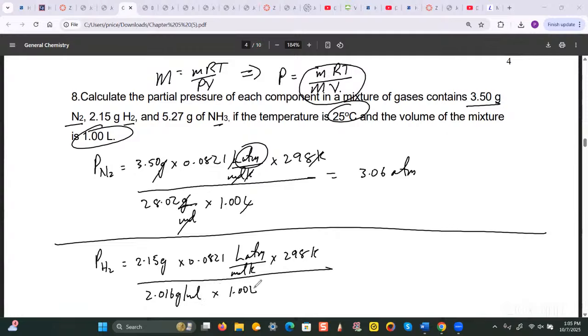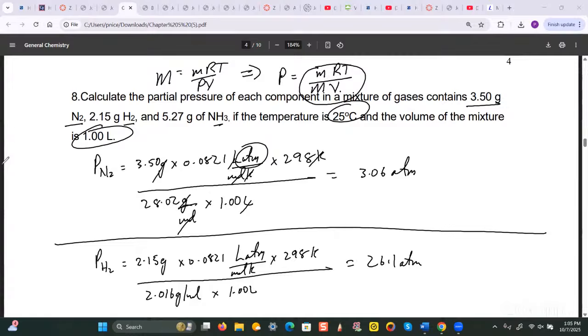So let's see what that gives. 2.15 times 0.0821 times 298, and then divide by 2.016. And according to my calculation, rounded to 3 sig figs, that is going to be equal to 26.1 atmospheres. And that's how that is done for hydrogen. Okay, any question about that one?